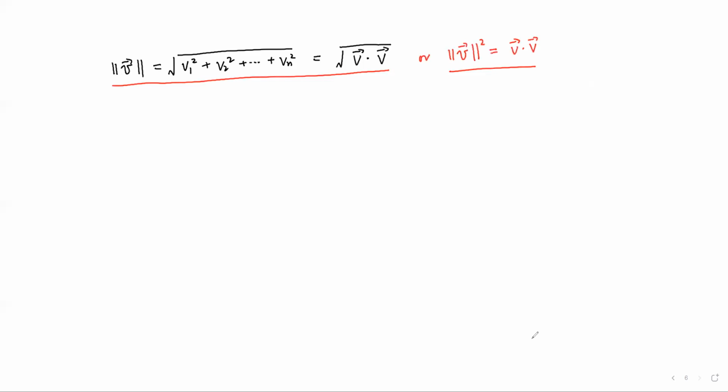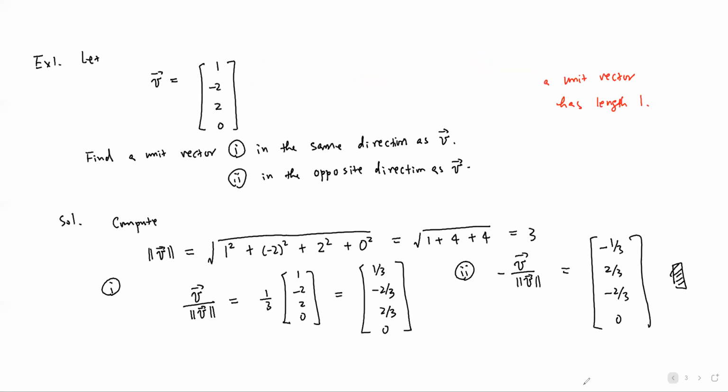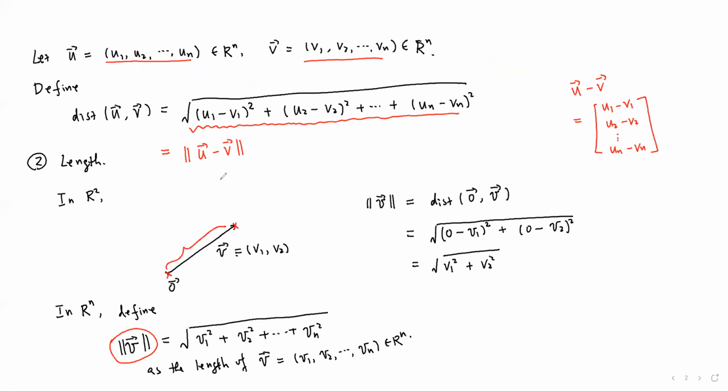How about the distance formula in terms of the inner product? The distance between u and v. The formula is, let me see. The distance between u and v is this number.